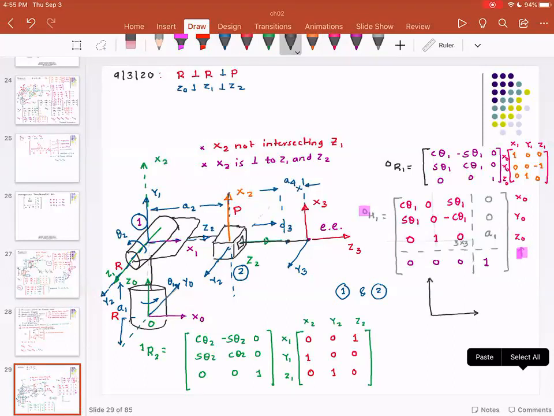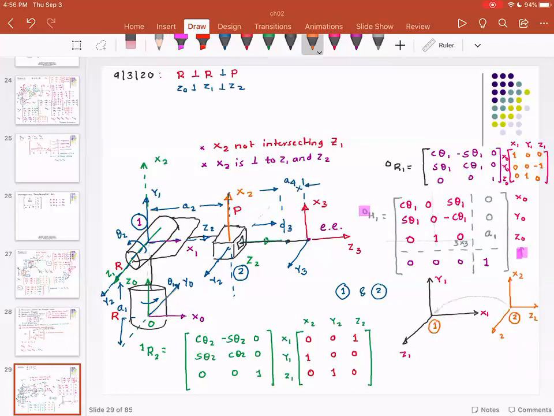This frame is x1, y1, z1, and I have another frame which is x2, z2, and y2. I'm going to translate this frame onto frame number 1. So frame 2 needs to be translated onto frame number 1.